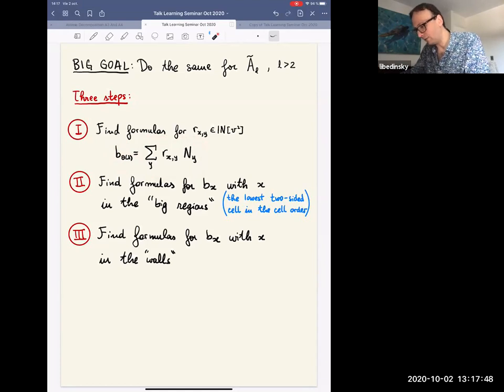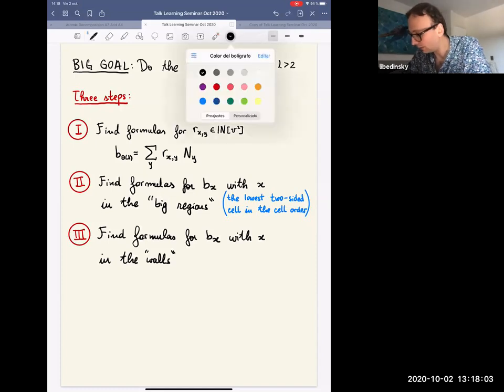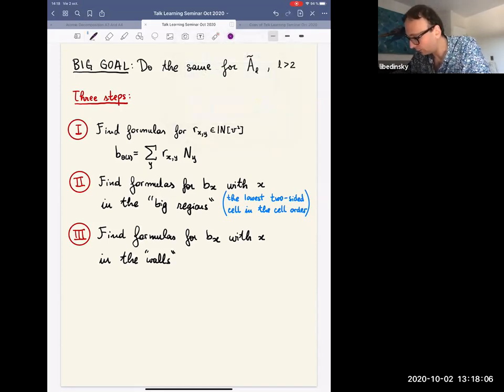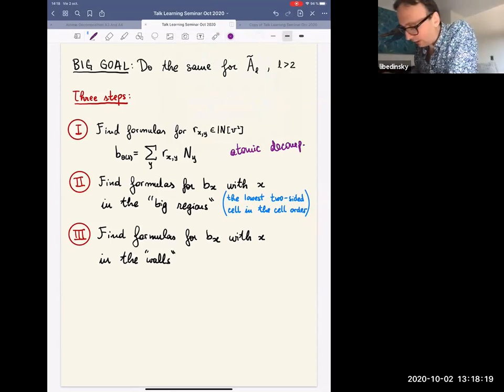And as a matter of fact, the fact that this is in N, it's true in AN tilde. And it's not true, for example, in D2 tilde. But it's like a crazy thing. This is called the atomic decomposition: to write the Kazhdan-Lusztig basis of the theta in terms of the n.